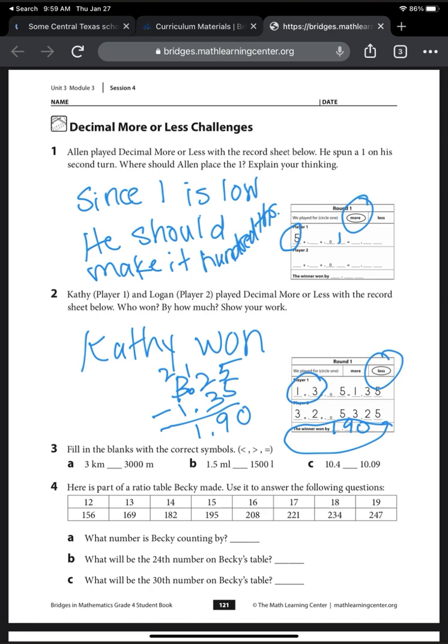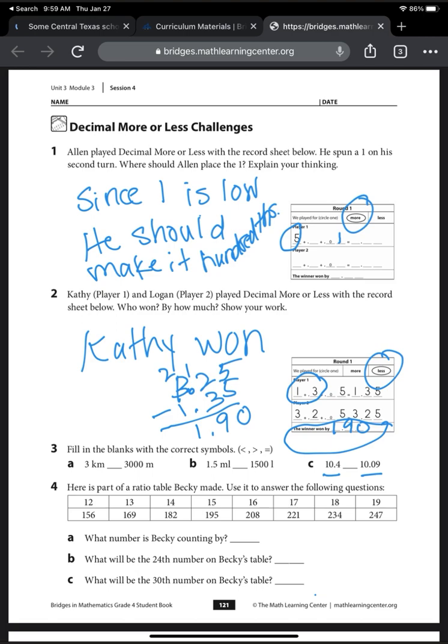These are just the decimal comparisons. These aren't specific units of measure. So use your chart, figure out how many milliliters are in a liter. Use your chart, figure out how many meters are in a kilometer. And that should help you. If you still have questions, come see me at the back table.